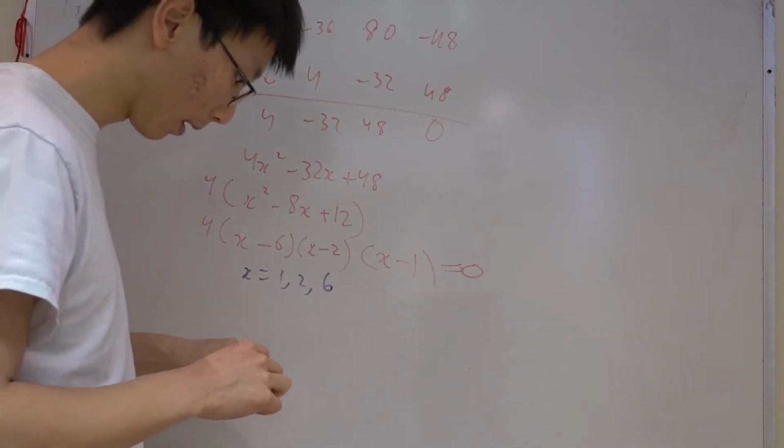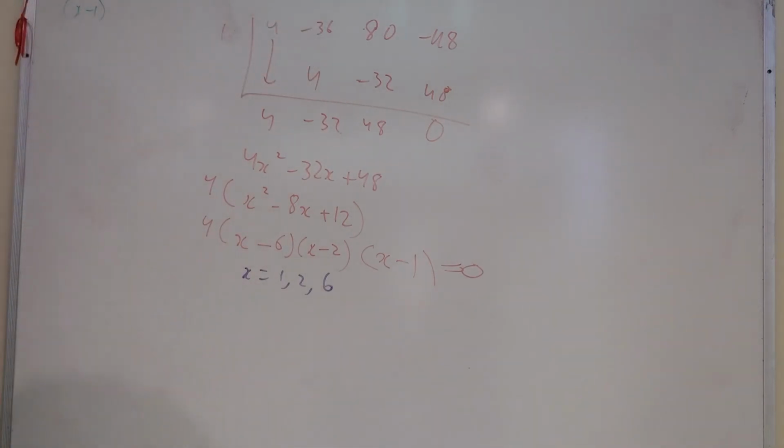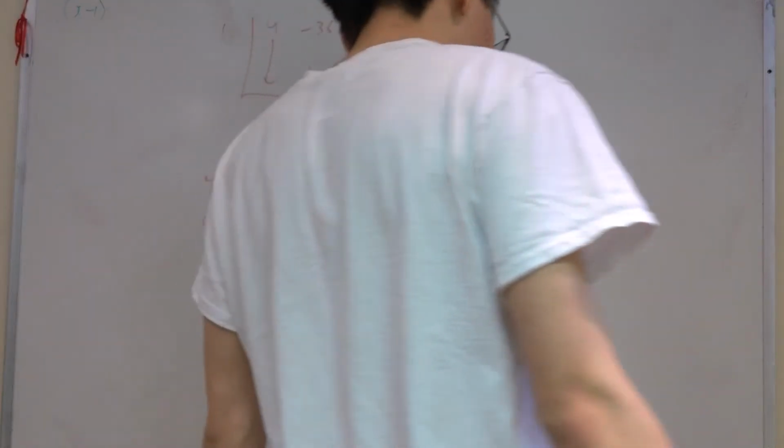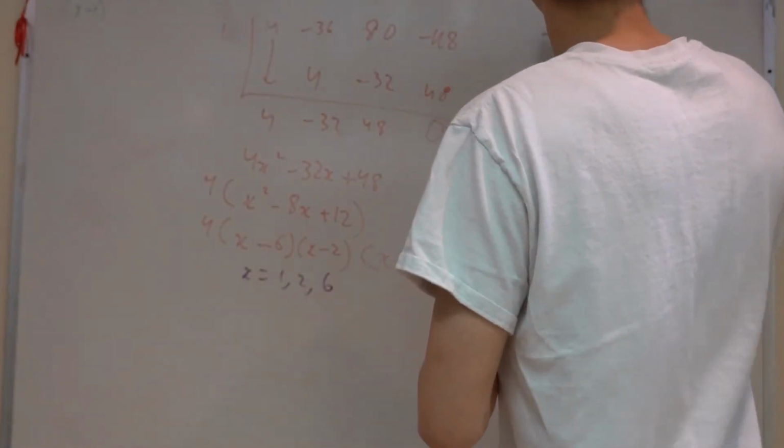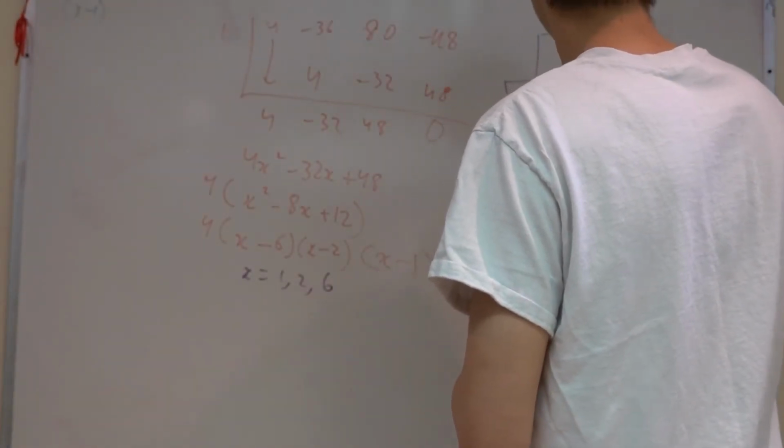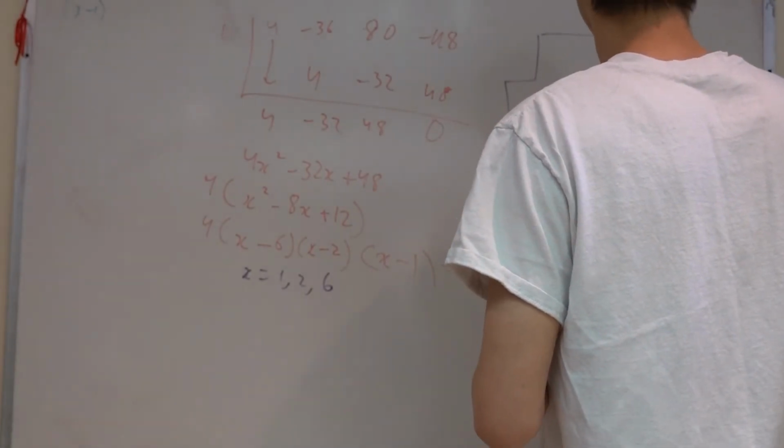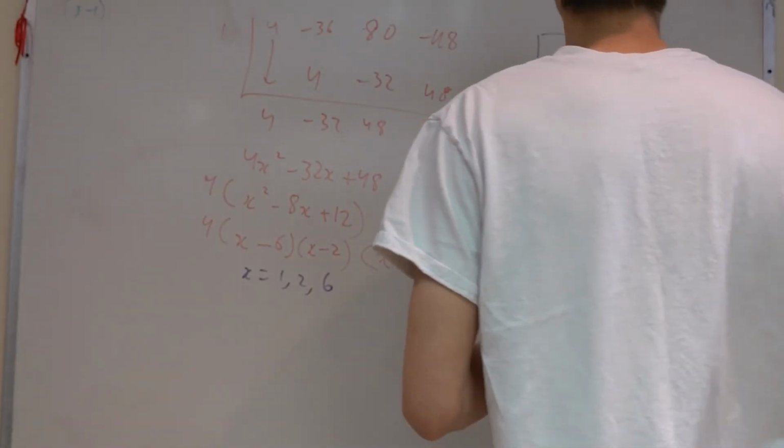Now, you may be thinking, that means any of these will work, right? Well, let's try and see what happens. Remember when we had our little box, I'm going to redraw the diagram here. Something like that.